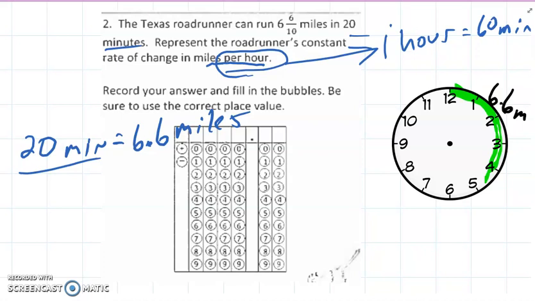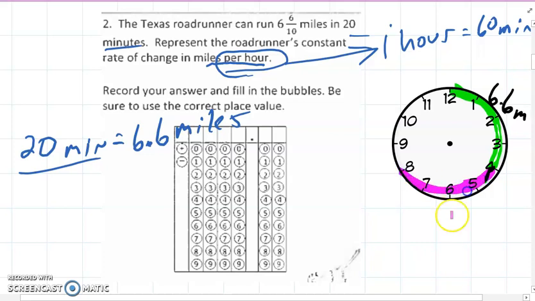Well, from here, let's put another part here. From here to here, 5, 10, 15, that's another 20 minutes. And if I keep going, I'm going to highlight here. And then from here to here, that's another 20 minutes.